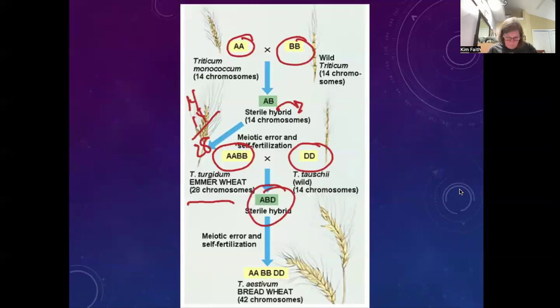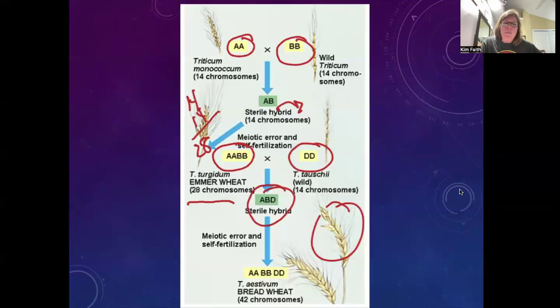And now we have 42 chromosomes. Look at the size of that wheat. In plants, we call this polyploidy. So polyploidy means you have more than 2 copies, right?